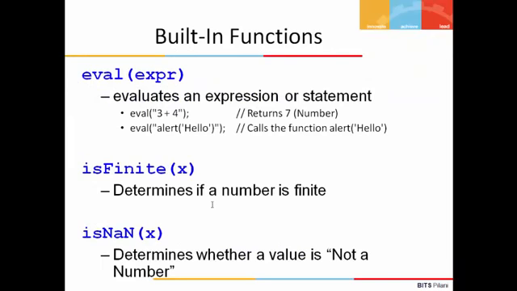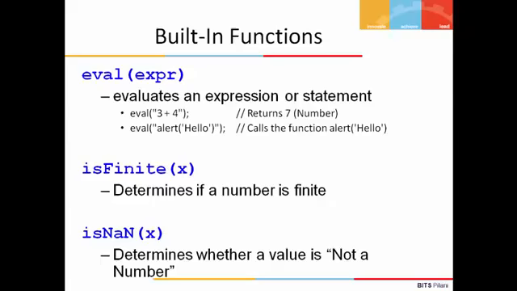So what are the other built-in functions which are available? You have eval, which takes in an expression and returns the evaluation of an expression or a statement. So in case I have eval of 3 plus 4, it returns a number. In case I have eval of alert of hello, that will be executed and you will get an alert window where hello will be displayed to you.